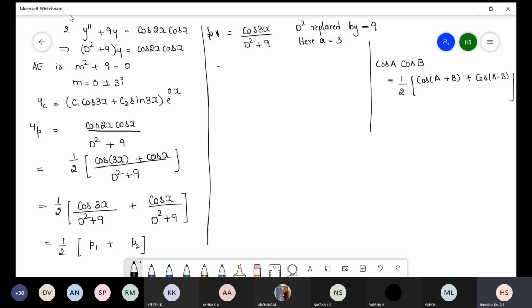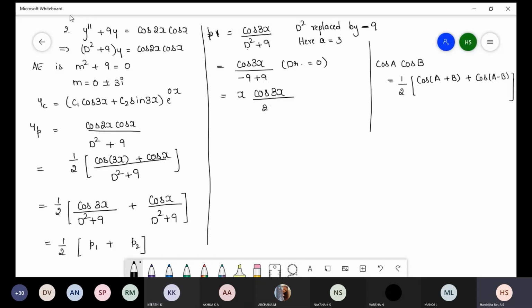Now cos 3x divided by minus 9 plus 9. As we are following the same method, the denominator is equal to 0. So if the denominator is 0, first write x, then write the numerator cos 3x. What is the differentiation of D square? 2D.